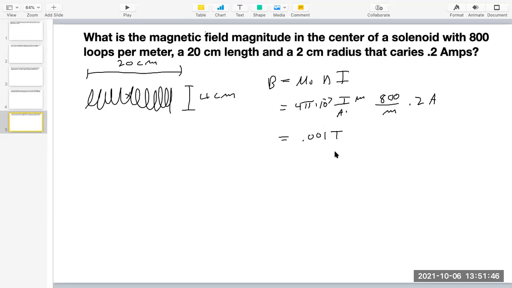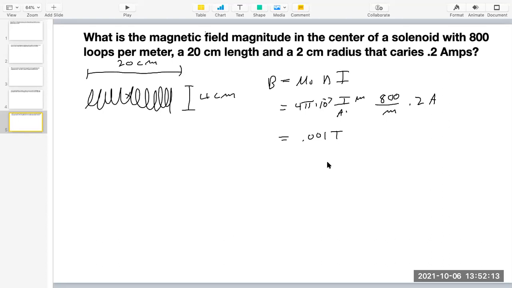And I assume we're always going to describe the loops per unit length in meters, considering it's meters and mu naught. Yes, good catch. You could use mu naught in other units, but that way pain lies.